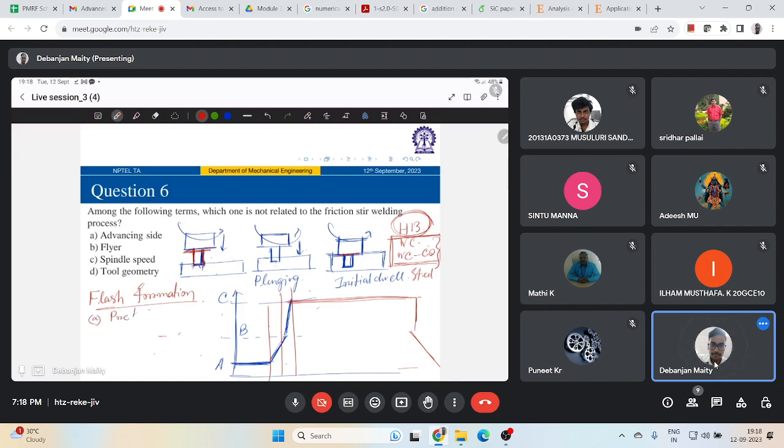One is the preheated region, then you have the initial deformation region.